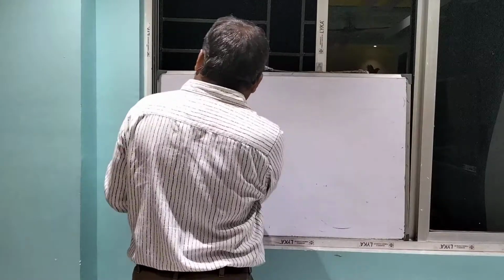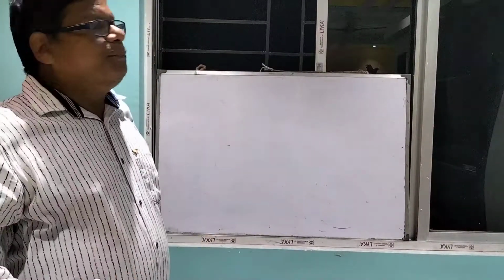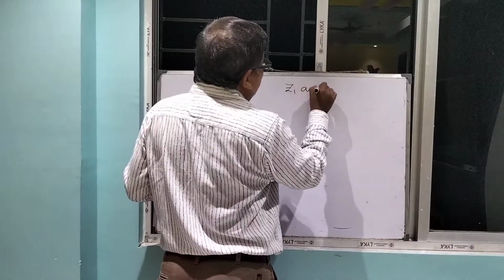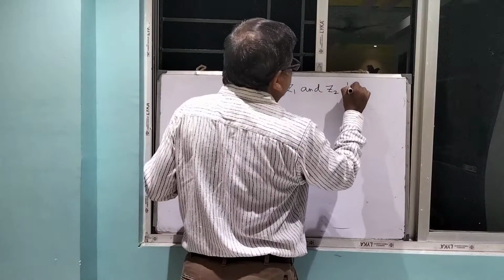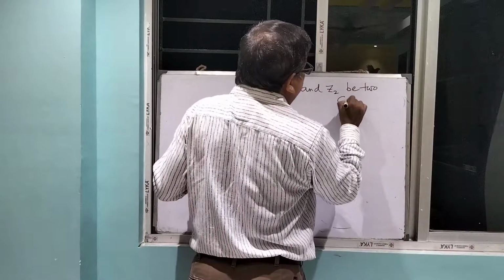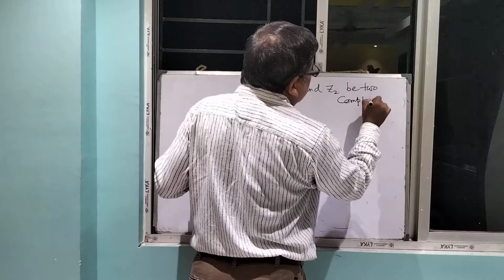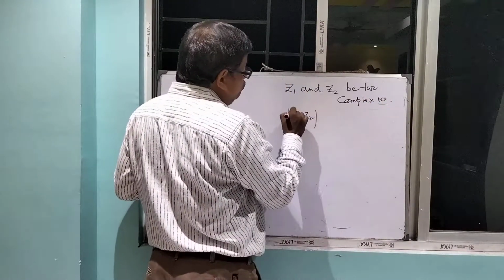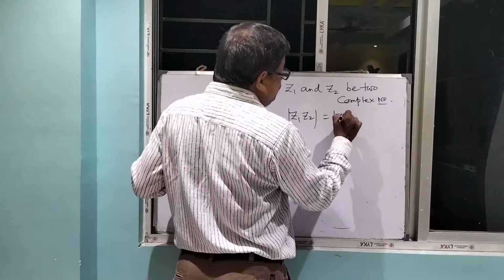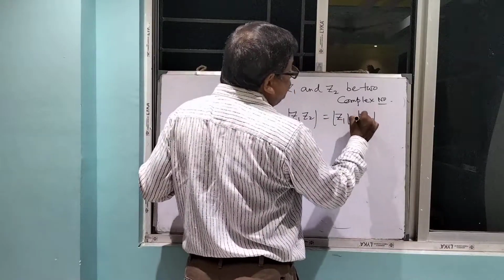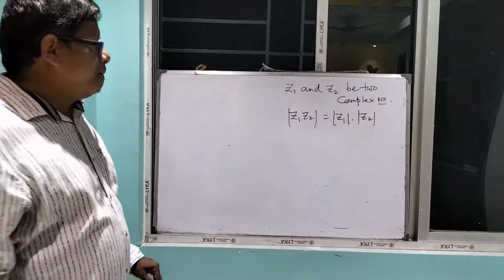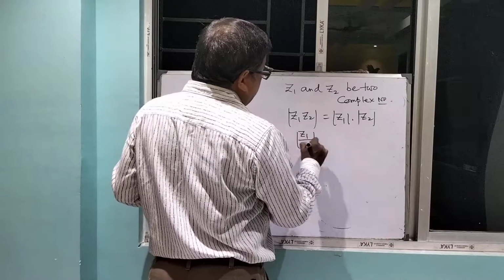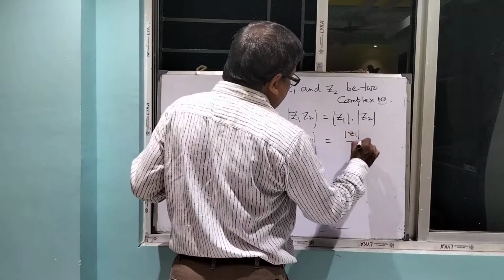Now again, suppose Z1 and Z2 be two complex numbers. Then mod Z1 Z2 is always equal to, keep in mind, mod Z1 into mod Z2, and mod of Z1 by Z2 you can write as mod Z1 by mod Z2.